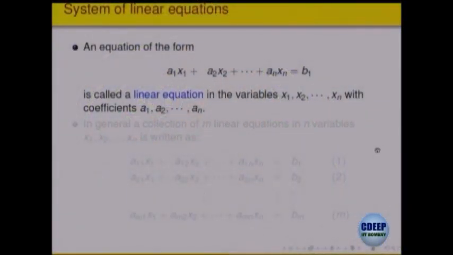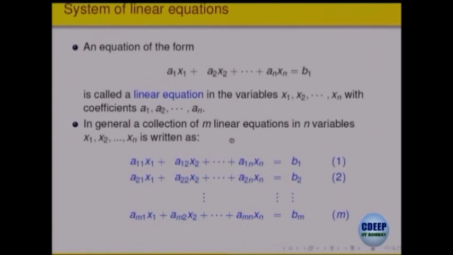So we recall that an equation of the type a1 x1 plus a2 x2 and so on, an xn equal to b1, we called a linear equation, because the variables x1, x2, x3 and xn all have power 1, and we say this linear equation has coefficients a1, a2, an. In general, we may have a collection of m linear equations in n variables, and we will write it as a11 x1 plus a12 x2 and so on.